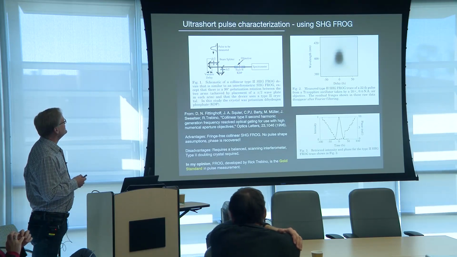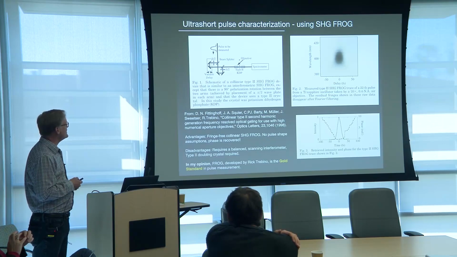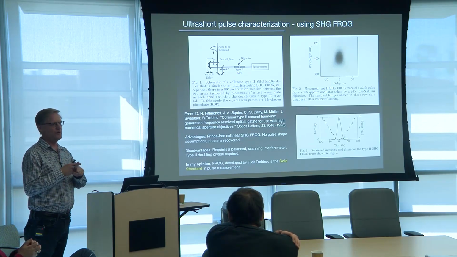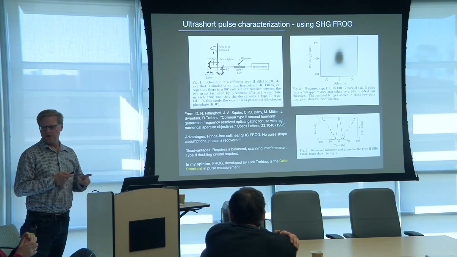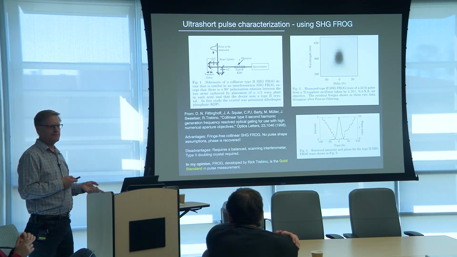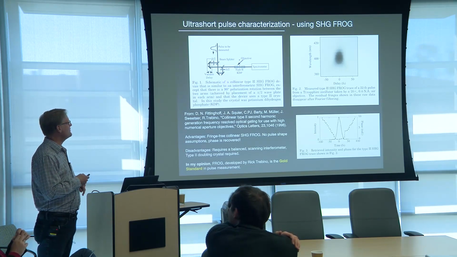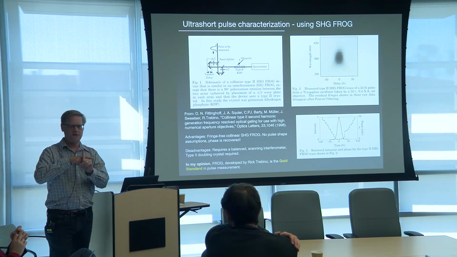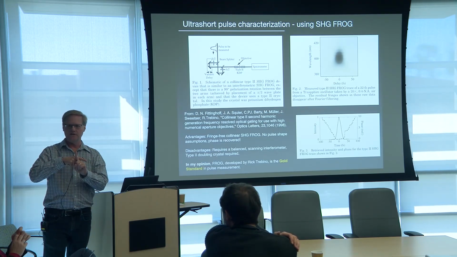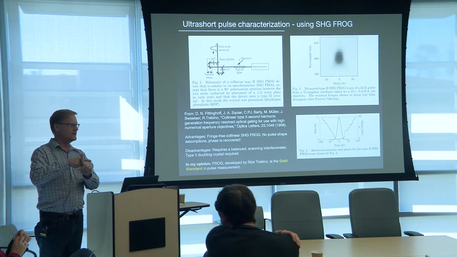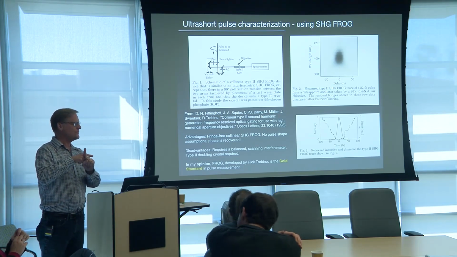So here, now I've got my autocorrelator rearing its head again. But rather than using type 1 phase matching, you use what's called type 2 phase matching. You put wave plates so that the polarization in each of your arms is orthogonal. That means these beams can no longer interfere to give you fringes.